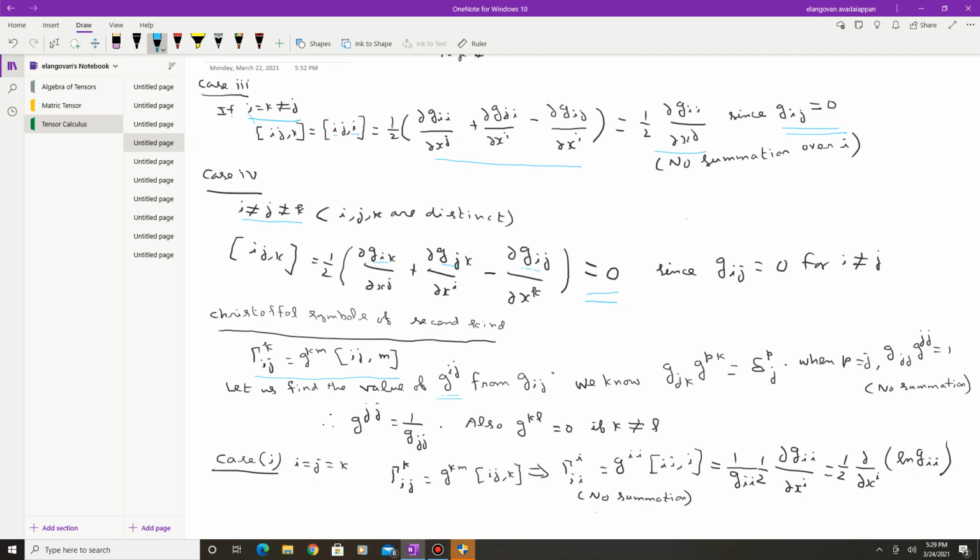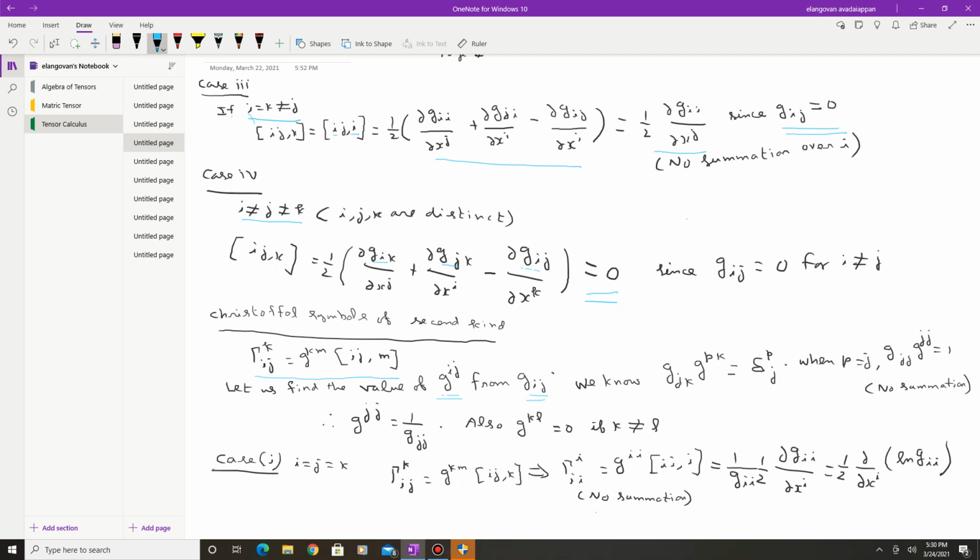This is a contravariant metric tensor, and this is a metric tensor. So you have to evaluate g^ij. That can be obtained from g_ij. If a line element is given, g_ij we know. So from this we have to find the contravariant metric tensor g^ij.